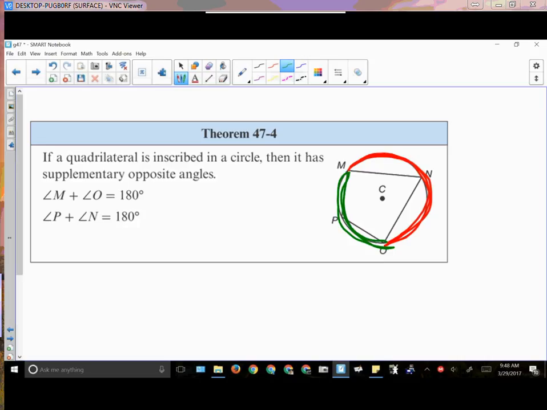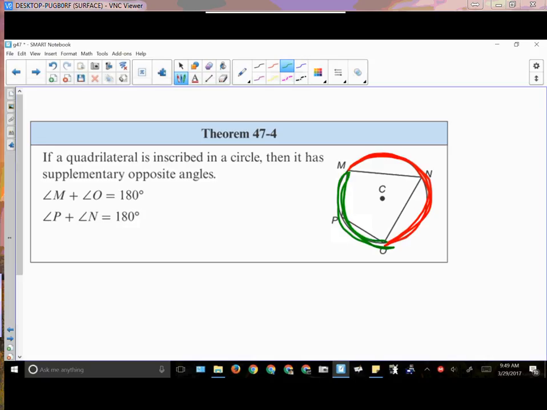Now that's all the way around the circle, right? So this takes part of it, this takes the other part of it, and all the way around the circle is 360 degrees. What's half of it? 180. So that would make sense following the information that we have, okay? That the arc will always be double what the angle measure is, and the angle measure will always be half of the arc.